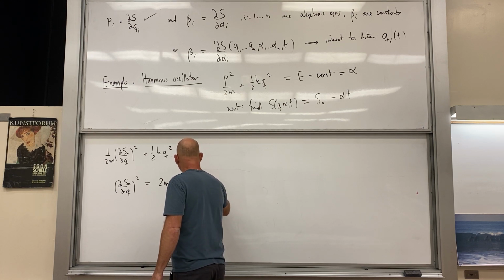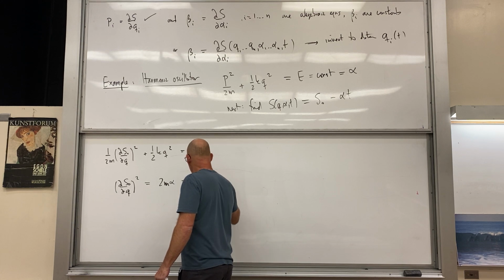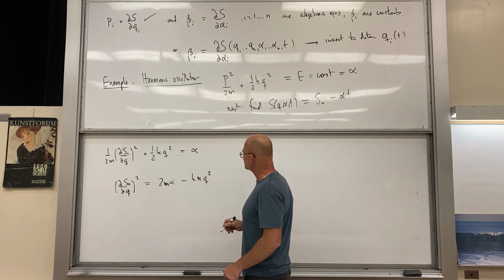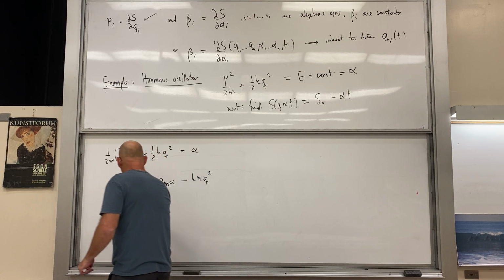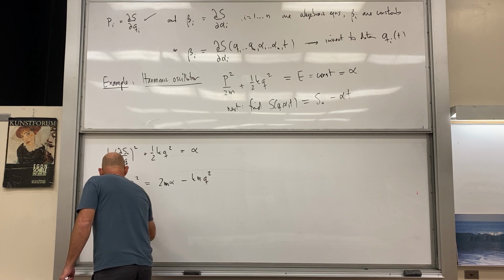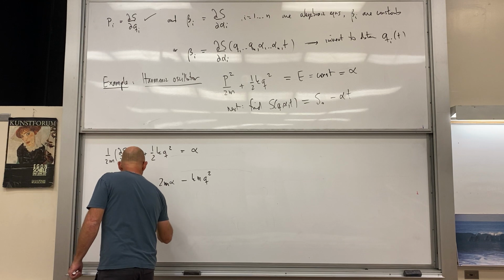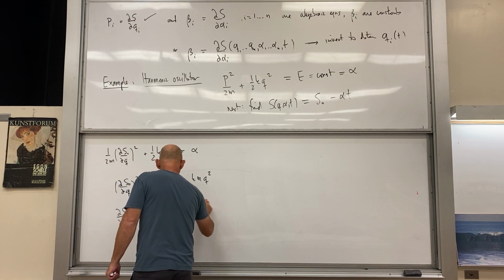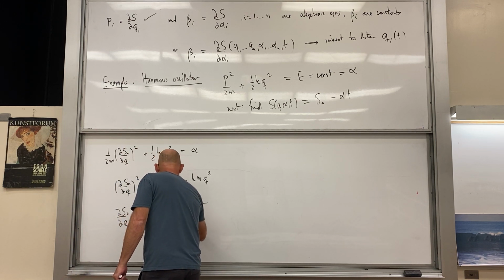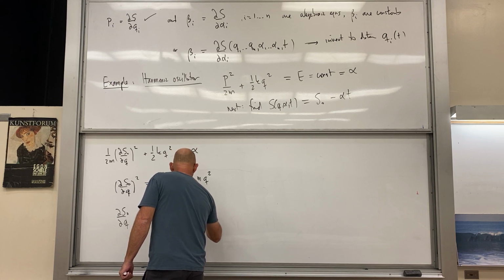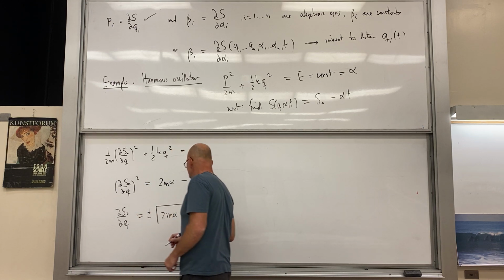So dS naught/dq equals plus minus root 2m alpha minus kmq squared.